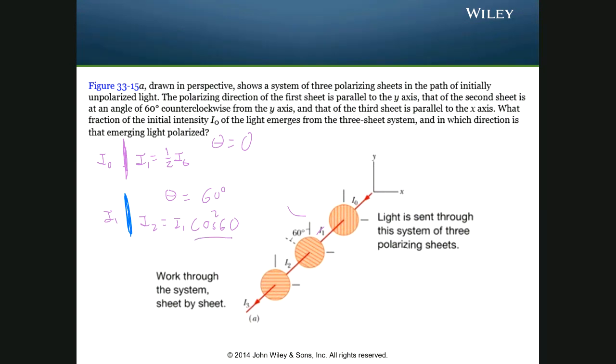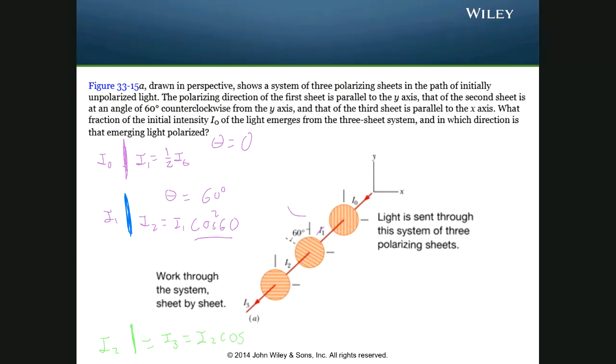And then we can go to our final polarizer, which I'll put down here. You'll notice you start off here with I2 on one side, and I3 will be your final polarization, and that will be equal to I2 cosine... What angle are we going to put here?